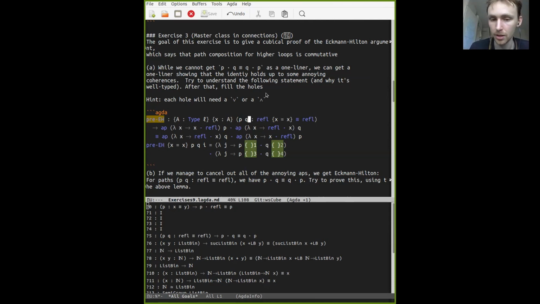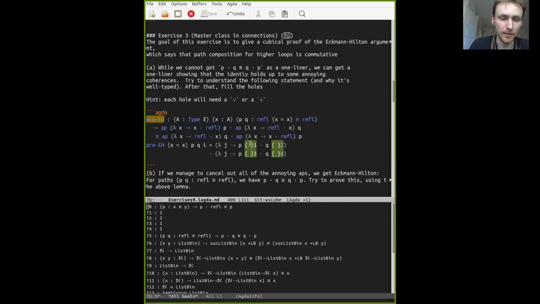So for example, P composed with REFL doesn't reduce definitionally to P. So while we can't do this in just one line, what we can show is that P composed with Q, modulo some applications of composition with REFL, is the same as Q composed with P, modulo some applications of composition with REFL.